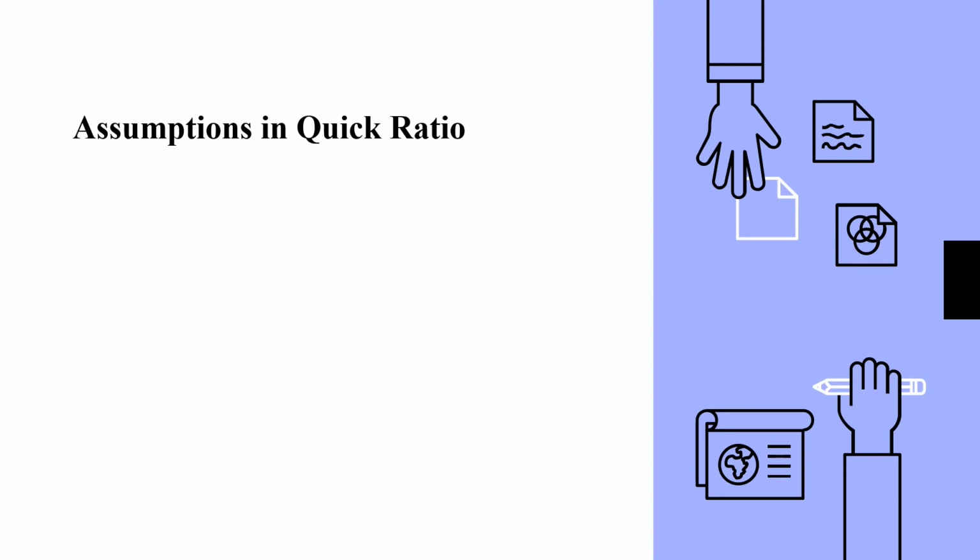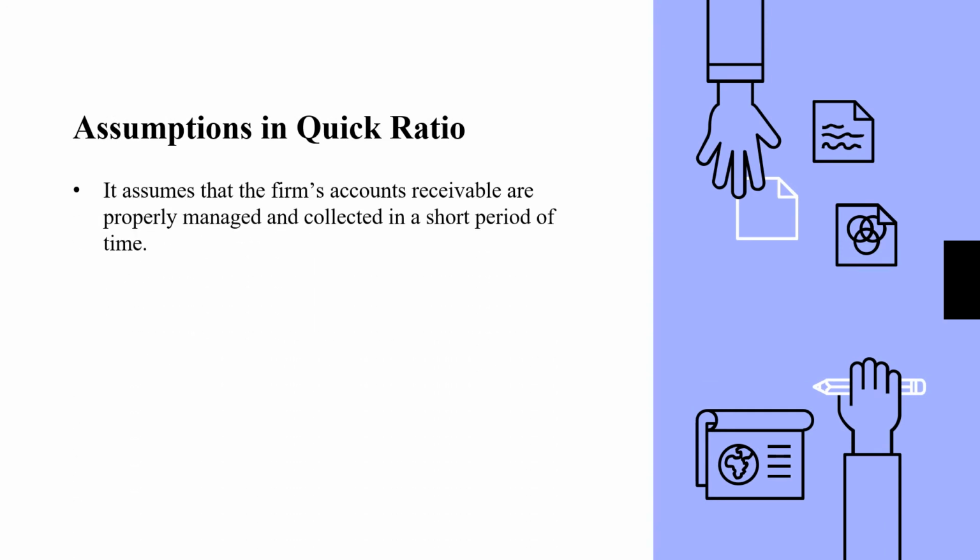Then, ang assumptions naman for quick ratio is that it assumes that the firm's accounts receivable are properly managed and collected in a short period of time. So, andun pa rin yung receivables, pero ang assumption is that maayos na nakokolekta, tsaka mabilis na nakokolekta yung receivables. Kasi if you're going to think about receivables, hindi naman lahat ng oras or lahat ng panahon ay mabilis makakakolekta ng receivables ang business.